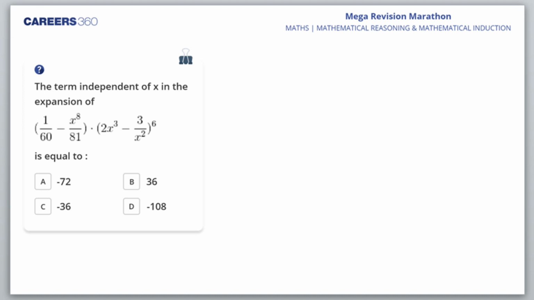Come on, go ahead, students. Aditya, yes, plus 4 you got in this question. Solve this question and make your tally even go stronger. Yes, I'm waiting for the answers, students.